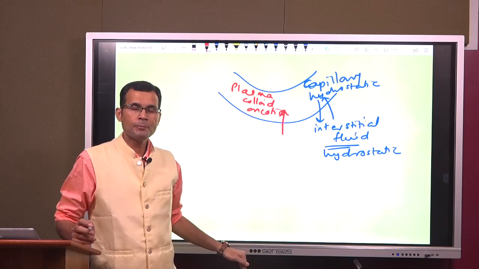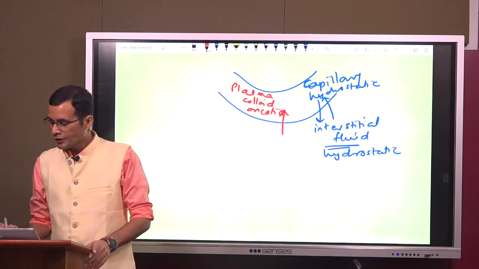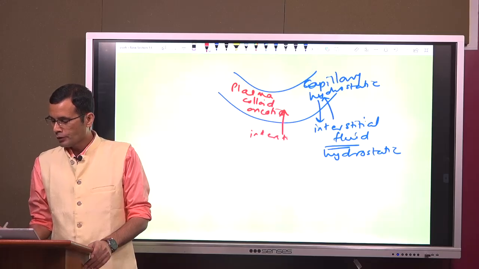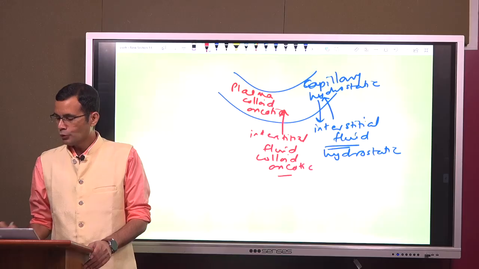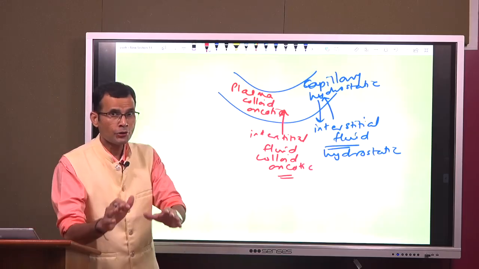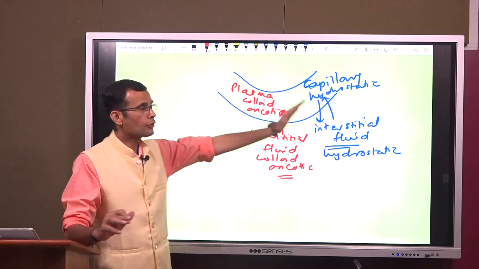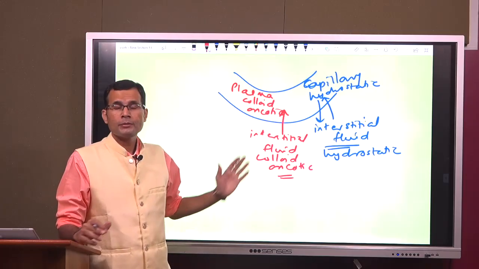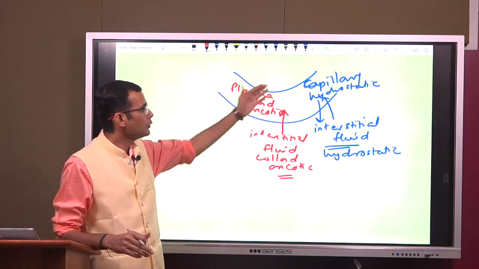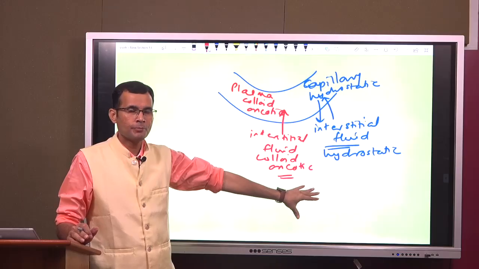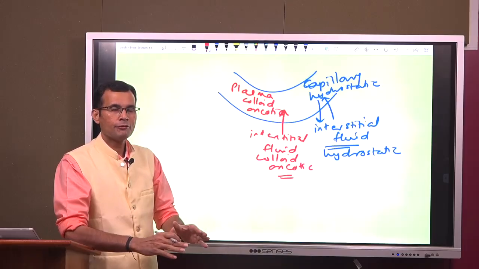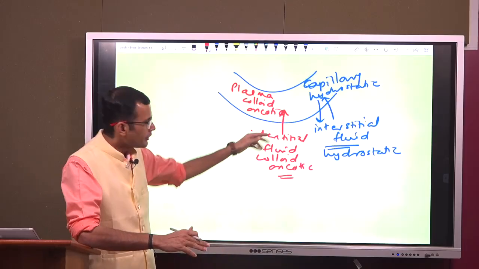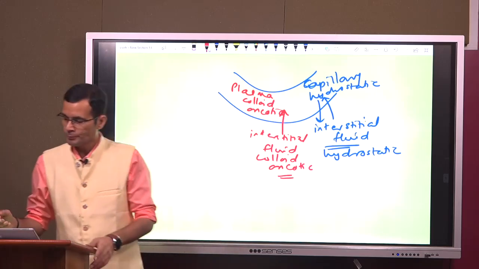the interstitium there is interstitial fluid colloid oncotic pressure, because in most of the tissues, I am not talking about the kidney here, in most of the tissues, the proteins do get filtered out into the interstitium, and therefore there will be proteins in the interstitial fluid, and they will exert what is called interstitial fluid colloid oncotic pressure.